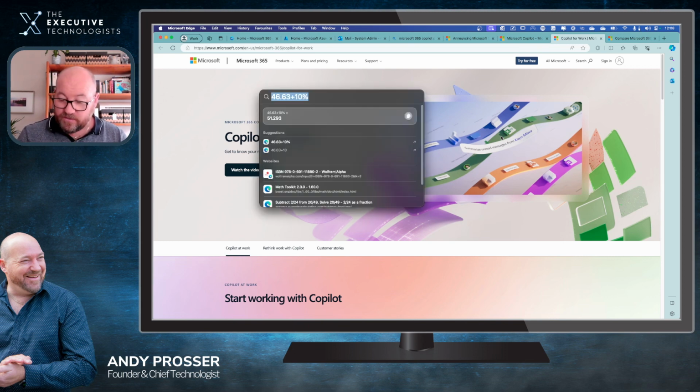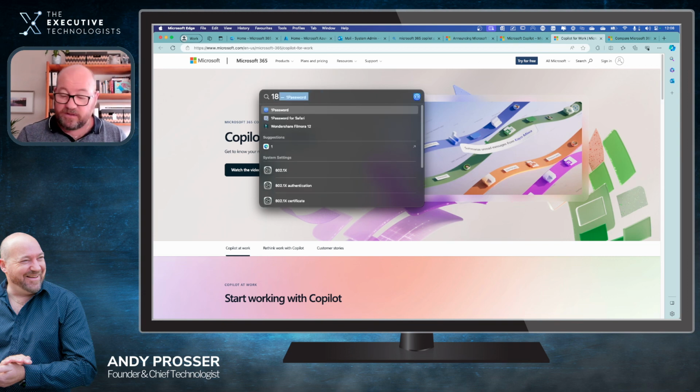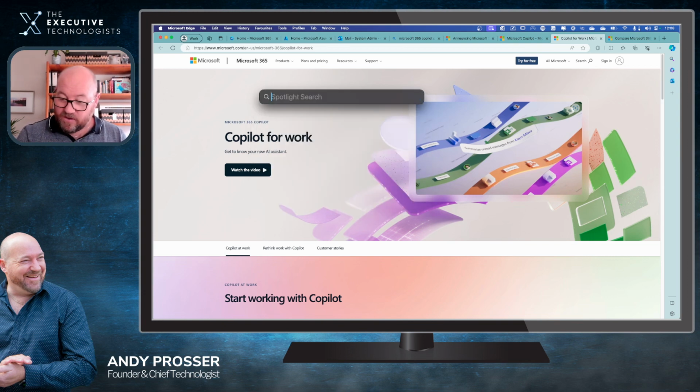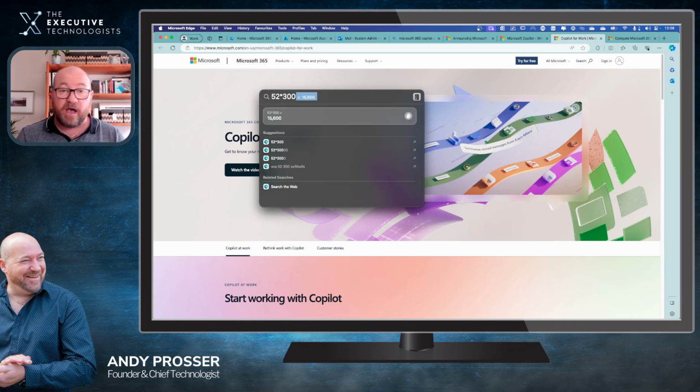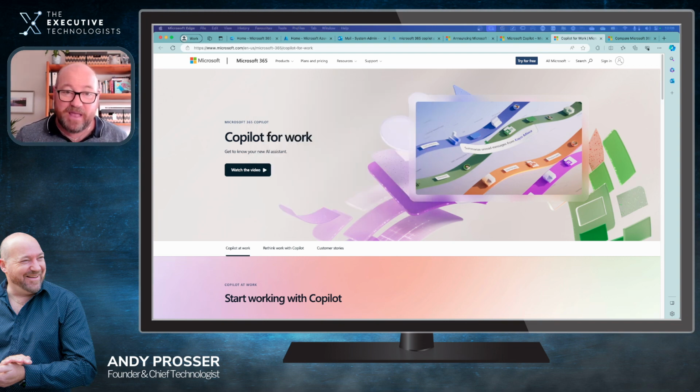So if we go and do the sums, and we decided we want to give it to everyone, your 300 staff, we're talking about adding an extra nearly $16,000 in spend just to go and get access to Microsoft Copilot. $16,000 a month.